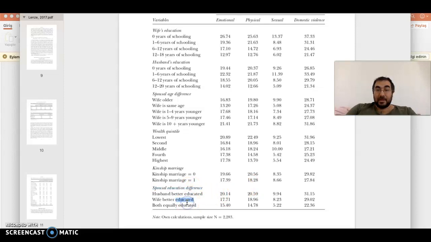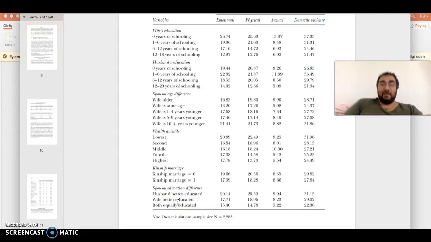If the husband is better educated, the violence degree tends to be higher. But if the wife is better educated, there is still higher violence compared with the case when they are equally educated. Well, those are of course the raw results.